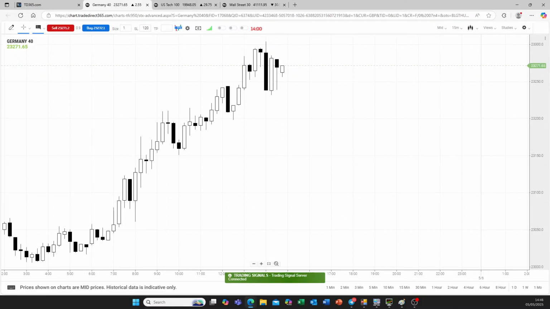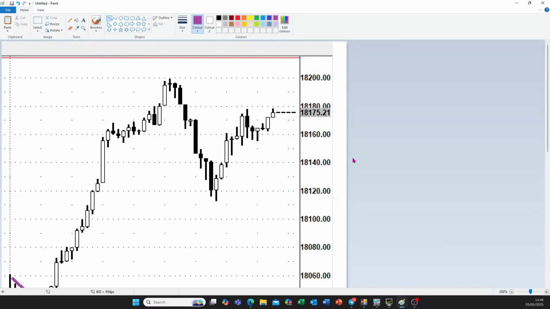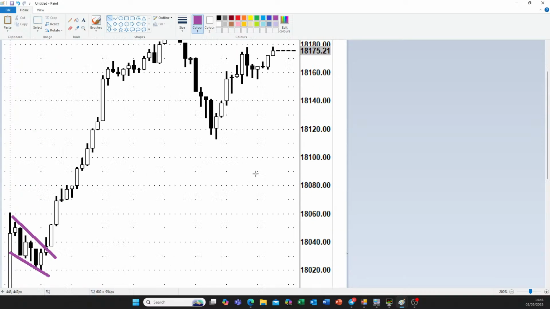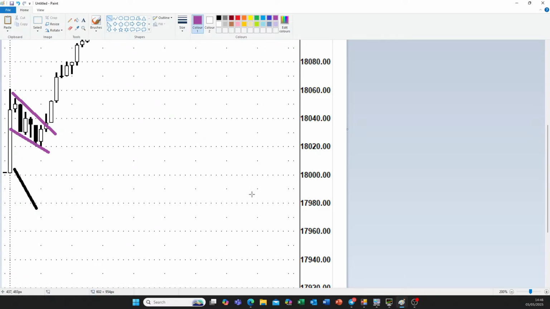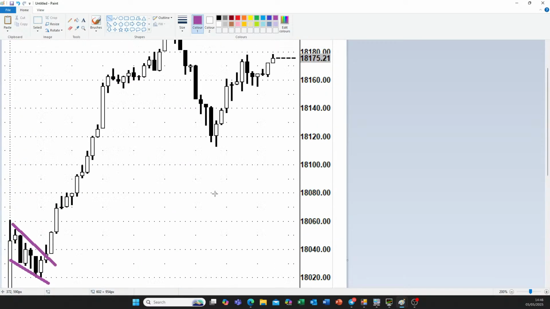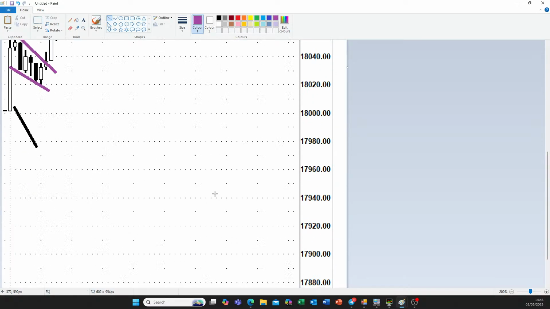This morning, for the European session, I posted this chart here and I said, this is the DAX, the first Monday in May last year. That's relevant because the UK has a bank holiday on the first Monday in May. It's called a May bank holiday.